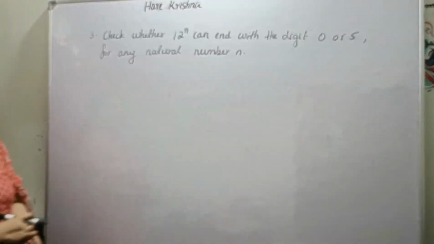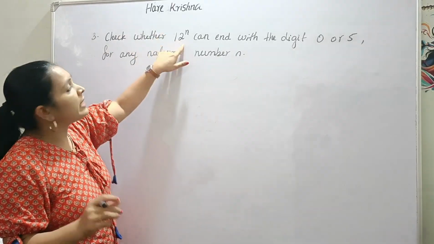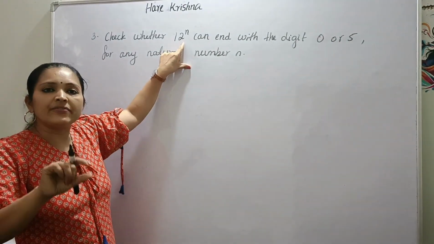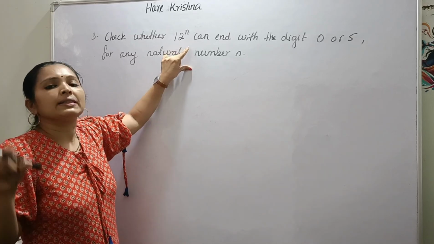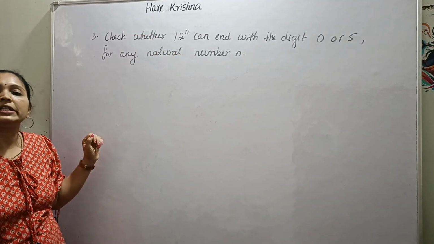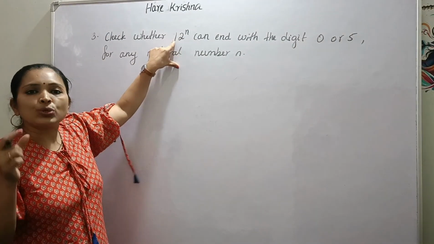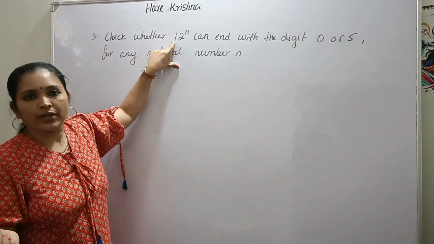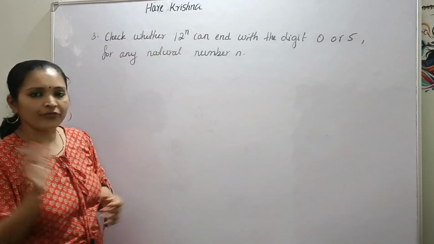So now we have to check whether 12 raised to n is divisible by both 2 and 5. If it is, then we can say this number can end with the digit 0. And if 12 raised to n is divisible by 5, then we can say this number can end with the digit 5.